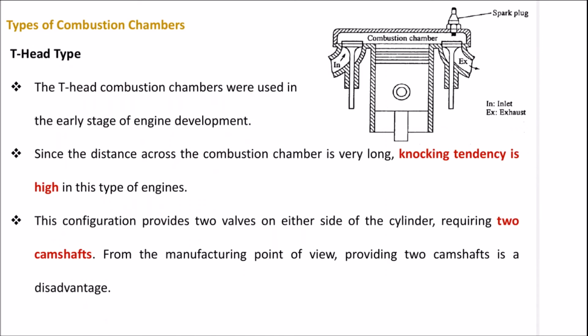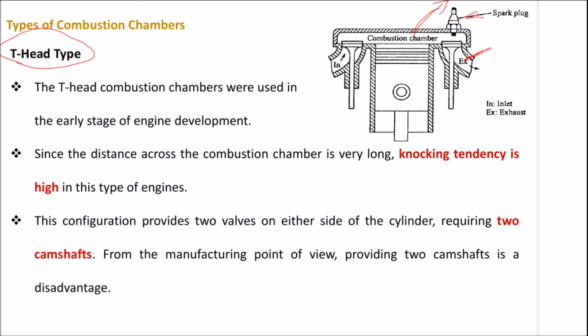Okay, so let us see one by one. The first one is the T head type. The first combustion chamber which was designed earlier was the T head type. Okay, look at here. The combustion chamber head is flat. Spark plug is located near the exhaust valve.